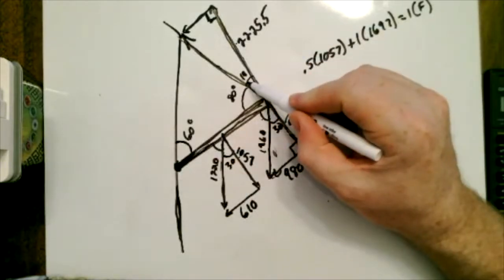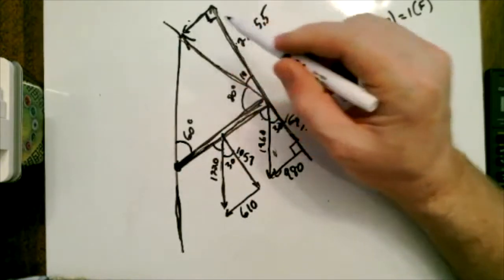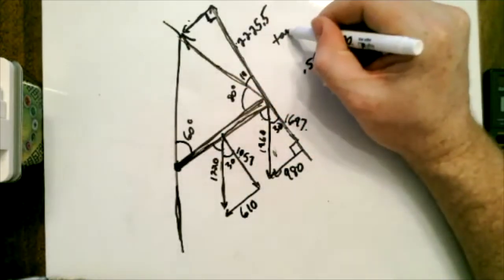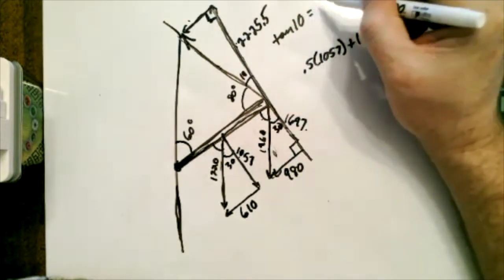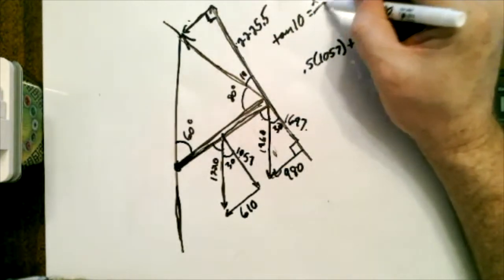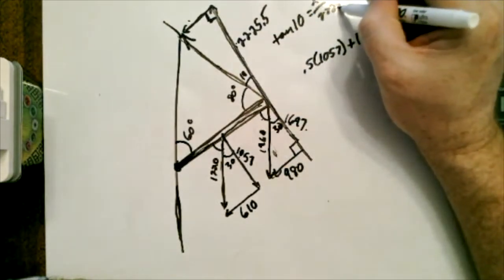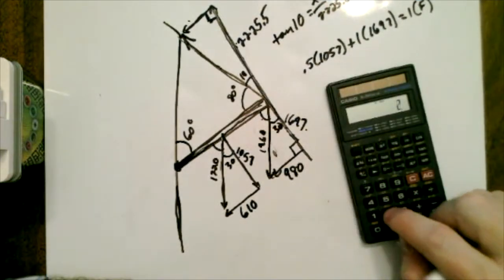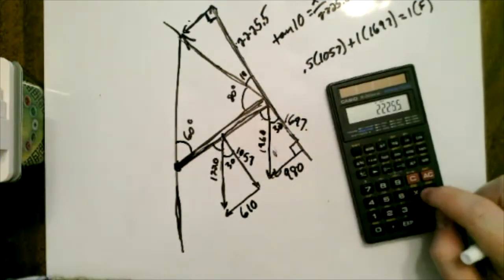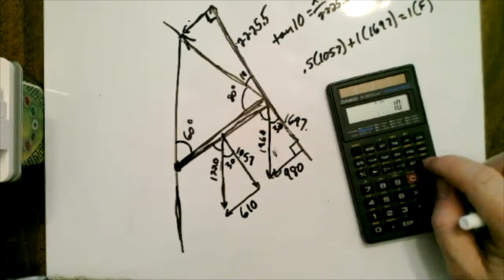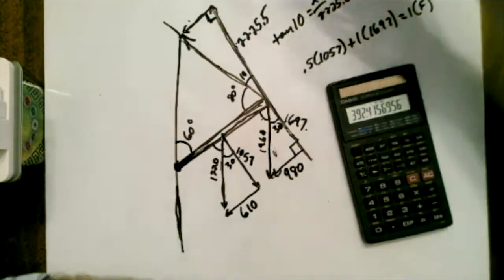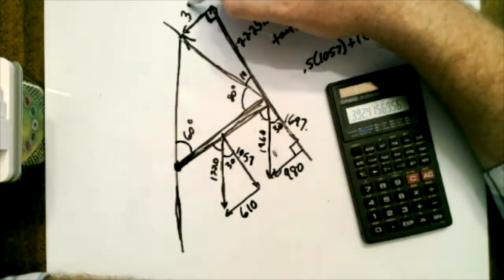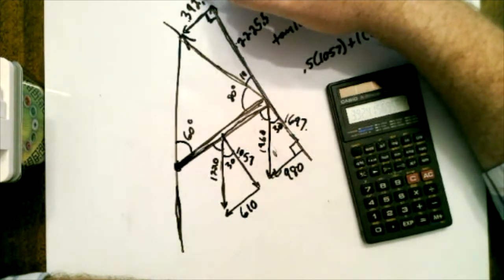So since I have now an angle and a side, I can figure out this side over here. So the tangent of 10 would equal opposite over 2225.5. So 2225.5 times tangent of 10 equals, and this up here is 392.4.